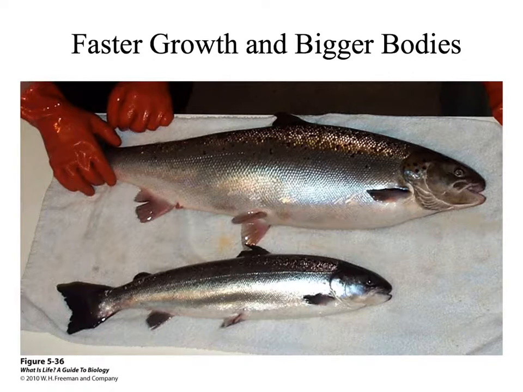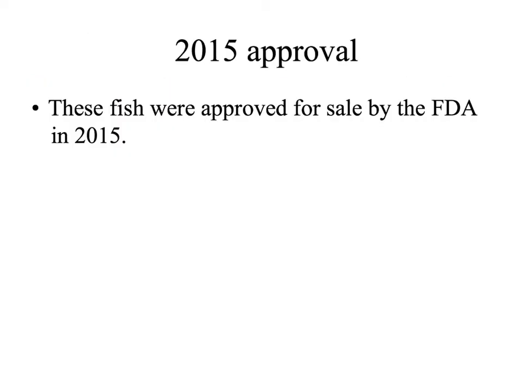These larger fish may outcompete other groups by consuming more food, and they may be too big for normal predators to catch them. It is unclear what the outcomes would be if this fish escaped from the farms. However, these salmon were approved by the FDA for sale back in 2015.